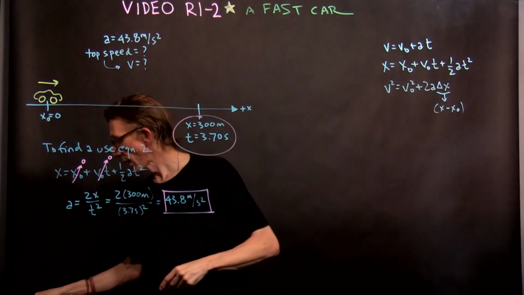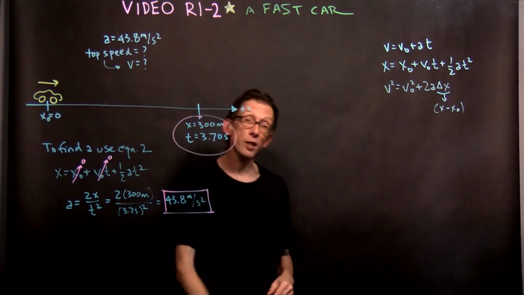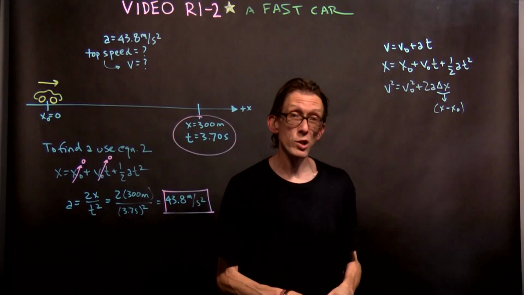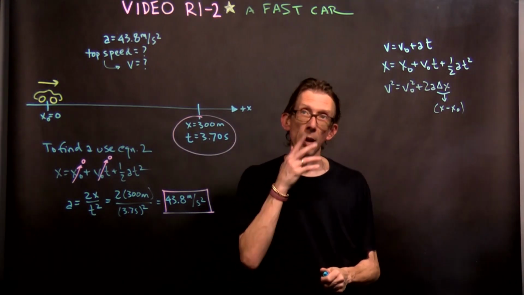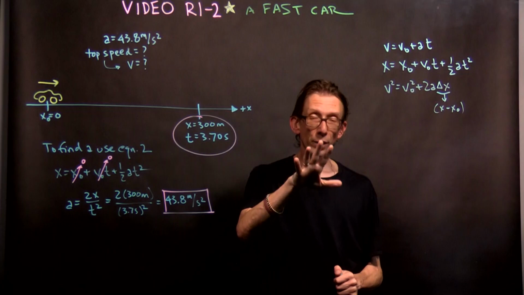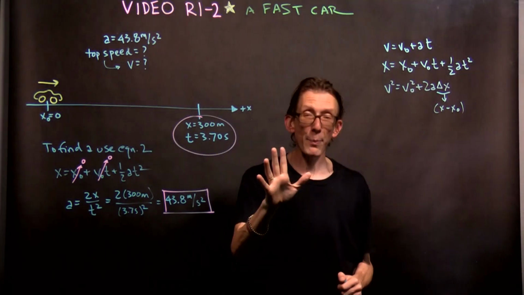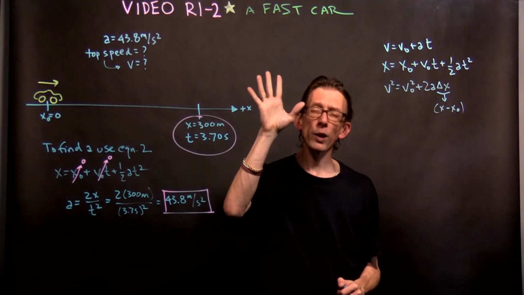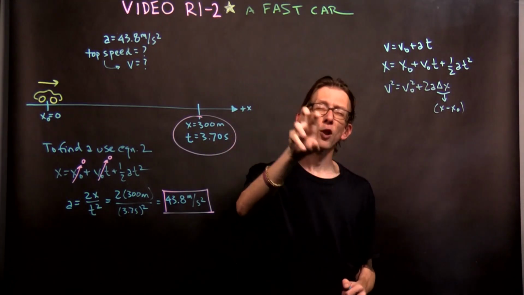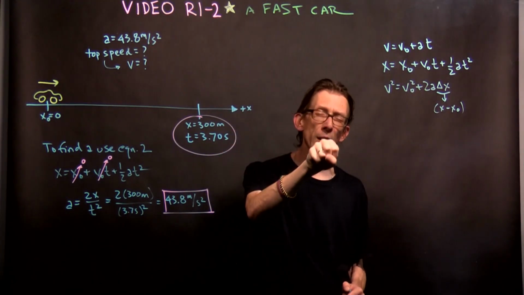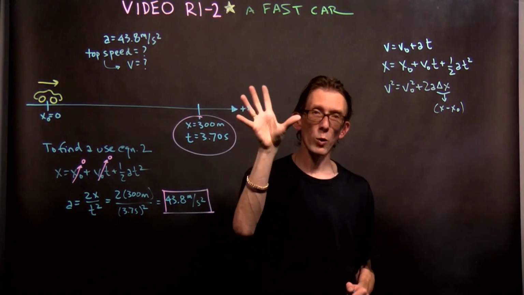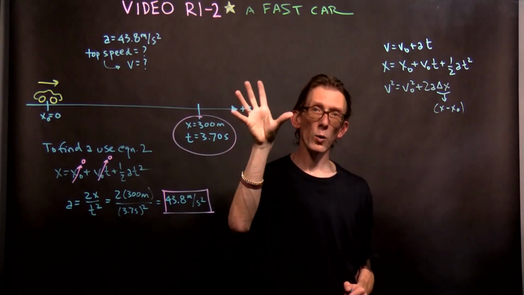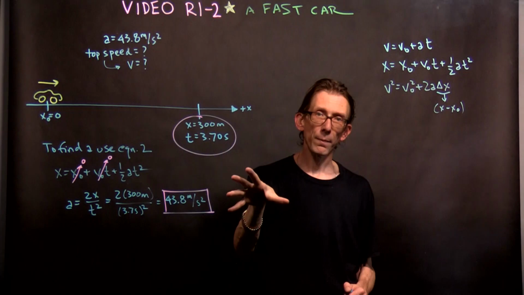And a lot of times what happens when you're in a timed situation, like in a celebration of learning, is, and this is not a critique, this is just what happens, I know because I've seen it happen over and over again, you look at what you know and look at what you need and you try to plug in what you know with what you need without really thinking about what equation you're using and is that equation the right one to use or not.